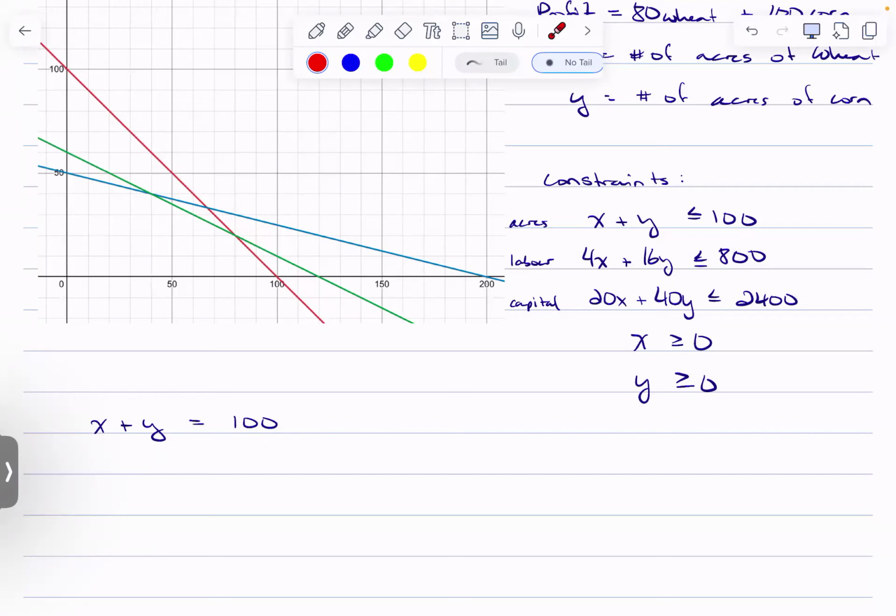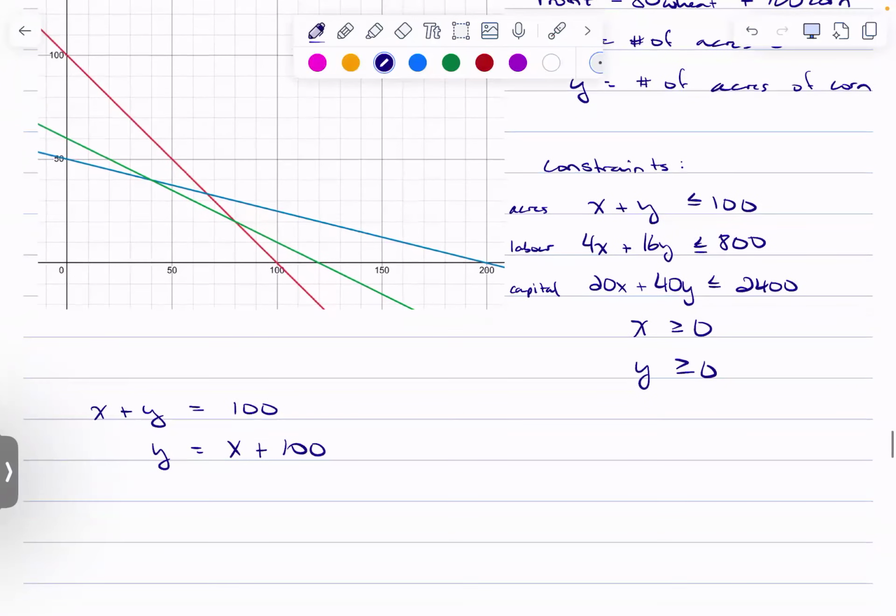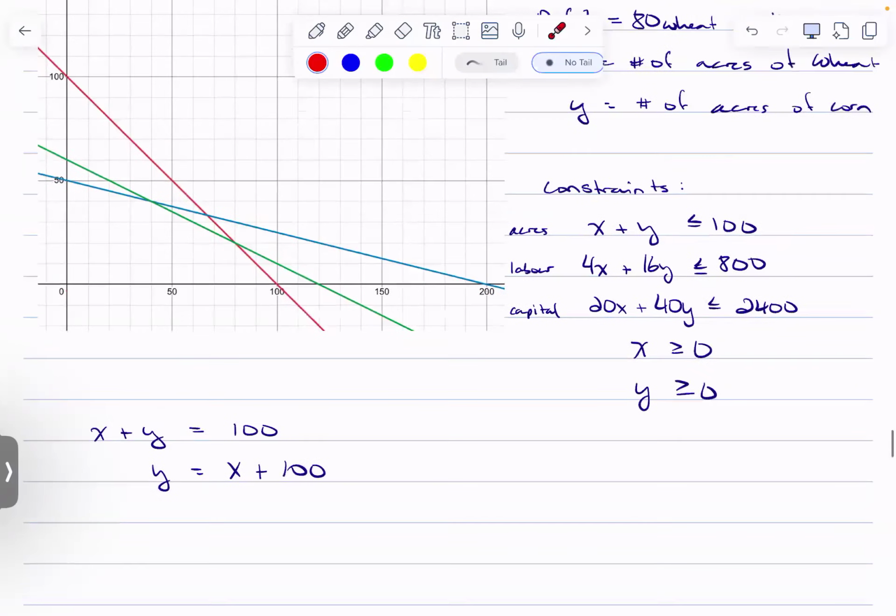So if you set these inequalities equal to equal signs, then you'll have the lines, and you can solve for y equals mx plus b. A go-to move: let x be 0, y is 100. That settles it. I think this red line is the first constraint.